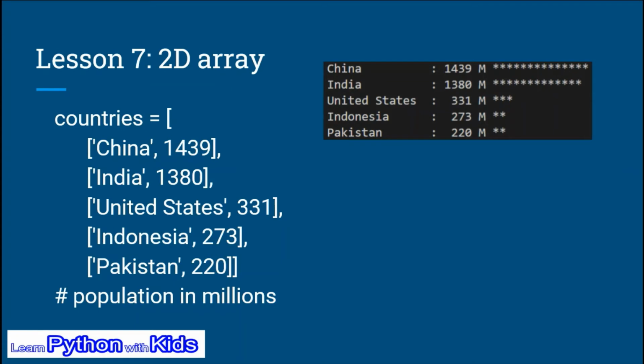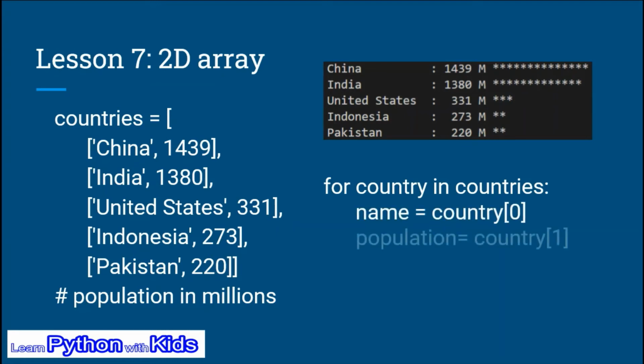We have an array countries, which holds 5 child arrays with country name and population. We define a for loop to visit each item in the countries array and assign the item to the country variable. For each country, we assign the index 0 to the name variable and the index 1 to the population variable.